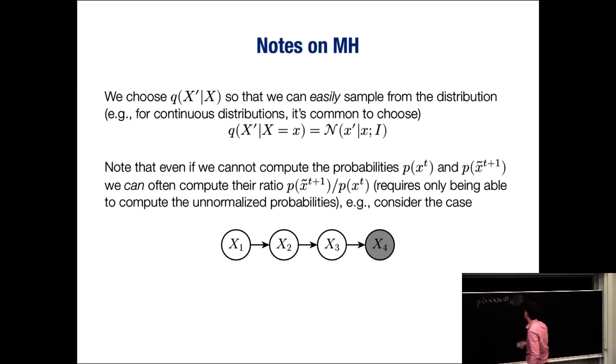This is going to be equal to the probability that X4 equals 1 given X1, 2, 3, times the probability of X1, 2, 3, over the probability that X4 equals 1.